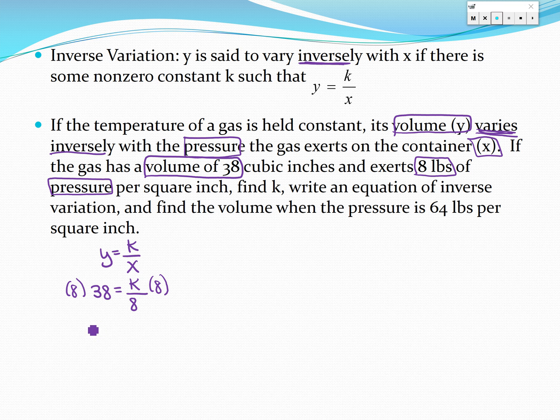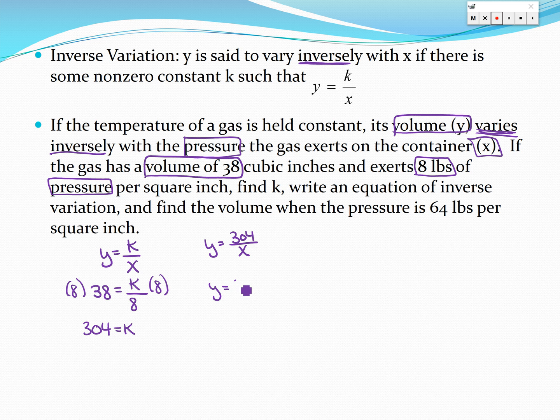And we end up with 304 as our k. So y equals 304 divided by x. There's our equation of inverse variation. Now we want to find the volume when the pressure is 64 pounds. Remember, the pressure is your x value.